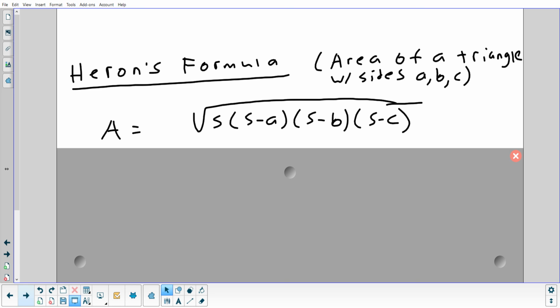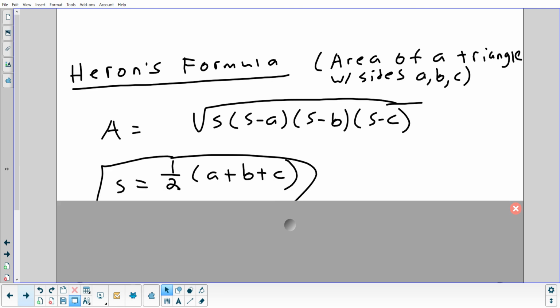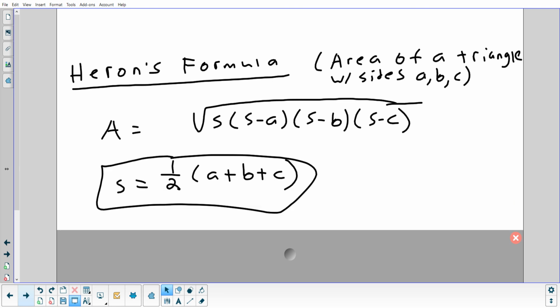Now, the A, the B, and the C, what are those? Sides. The sides, yes. S is something we haven't really talked about. But what do you call it when you add up all the sides in a shape? Perimeter. Well, S is half of the perimeter, and it's called the semi-perimeter.